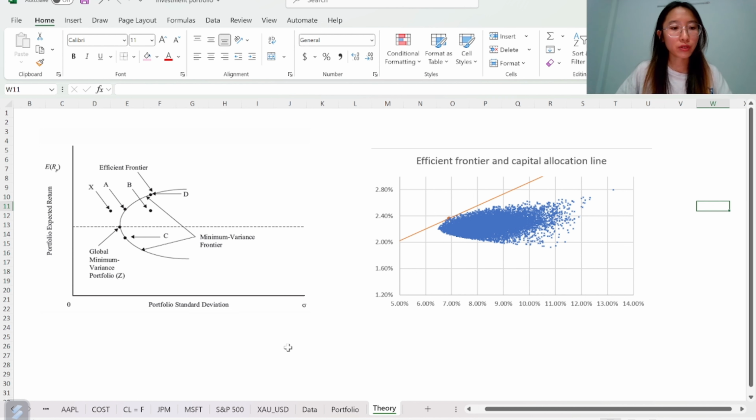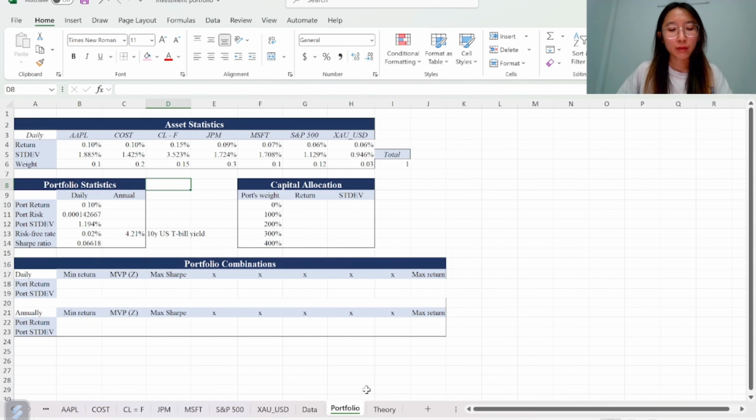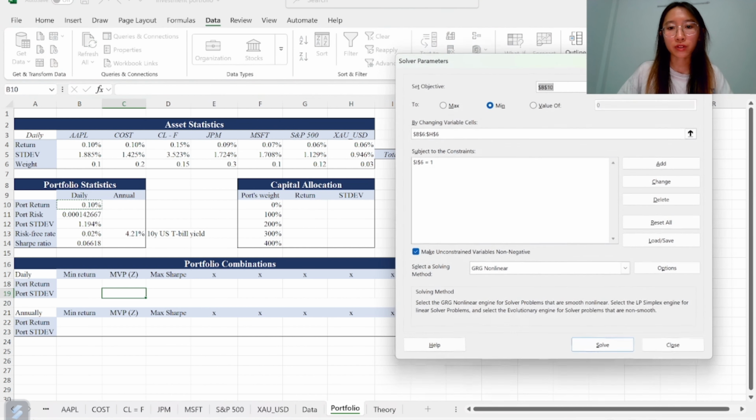So the efficient frontier starts with the global minimum variance portfolio, and we will start with this. It is the portfolio that gives us the least amount of standard deviation. Let's click Data and Solver.